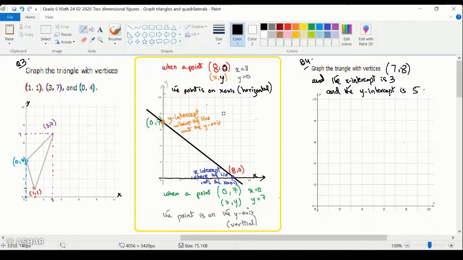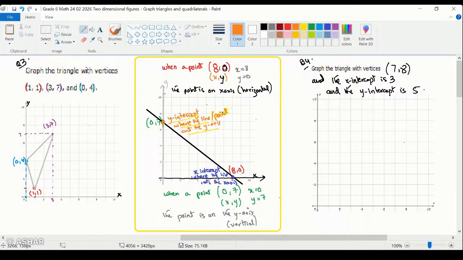Wait, okay, Princely, I just showed you that over here. Y-intercept means where the line or the point will cut the y-axis, right?